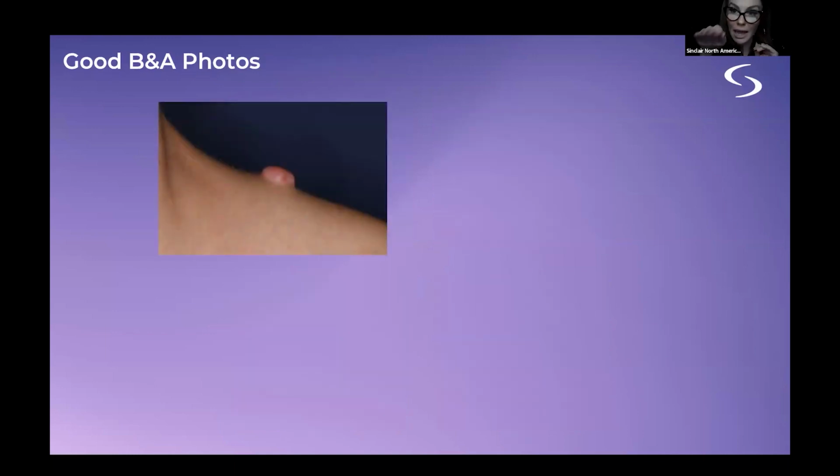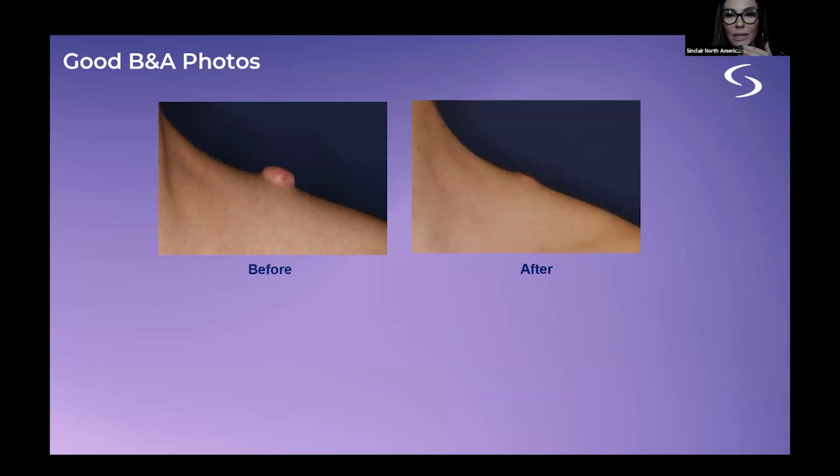And we'll talk about how you need to be directly at what you're treating, not too low and not too high. So there's going to be angles of how they're angling their face, but also how you are angling the camera. So there's nuances. That's why I said before and after photos are not the easiest. Understand that, but start practicing it now because you'll end up mastering it at some point.